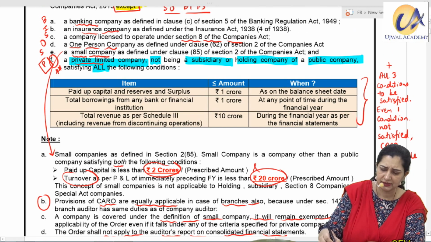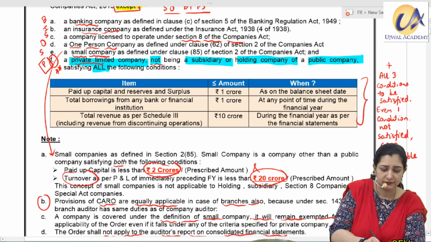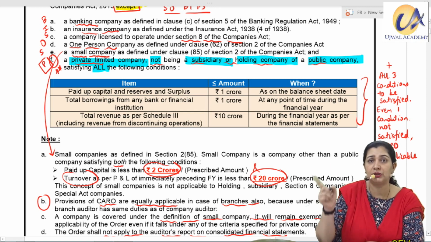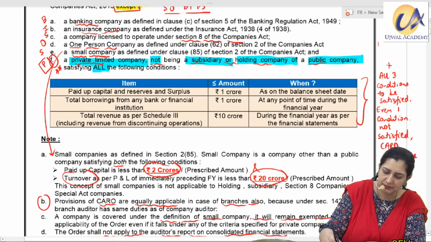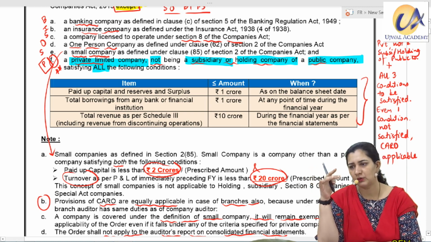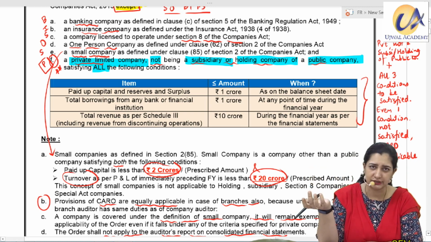Which condition? Private company is not a subsidiary or holding company of a public company. Plus these 3 conditions. In simple words, you have got 4 conditions.